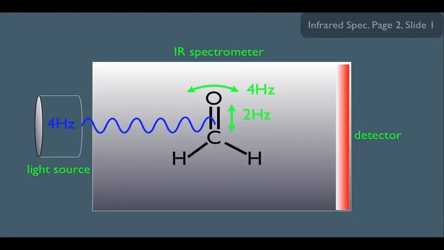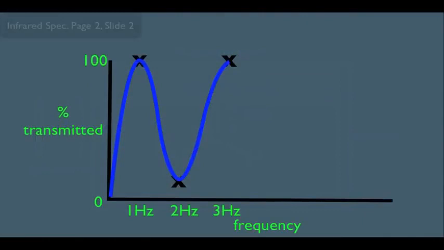And let's just pretend for this case, even though it wags at 4 Hz and it does absorb the 4 Hz frequency light, some of it actually does eventually get through. This happens sometimes in the IR, which means, let's go back to our graph here. If we were to graph this point at 4 Hz, let's say this much percent passes through, which means we would get this point on the graph. And again, let's connect these dots. We'd end up with something that looks like this.